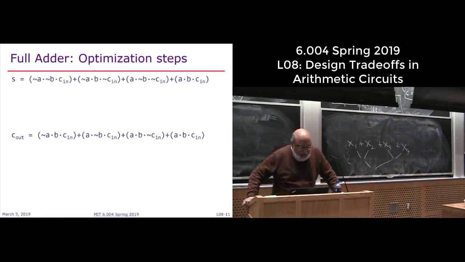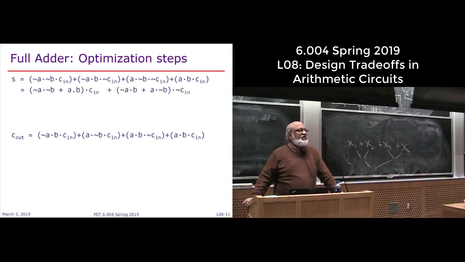So the sum bit: if you take the first and the last term, they both have C in as input. In one case you have C in, in the other case you have the negative of C in. Can somebody tell me what is that computation in the parentheses?